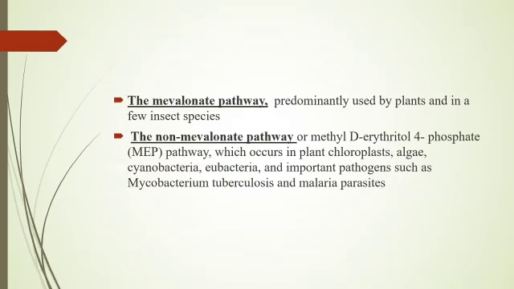The one is the mevalonate pathway, predominantly used by plants and in a few insect species, and the other is the non-mevalonate pathway or methyl D-erythritol 4-phosphate pathway, which occurs in plant chloroplasts, algae, cyanobacteria, eubacteria, and important pathogens such as Mycobacterium tuberculosis and malaria parasites.